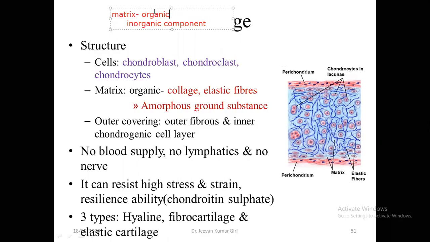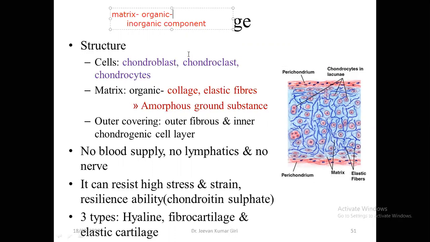The organic component you will find here is the collagen fiber and elastic fiber. In case of cartilage, you will find the type 2 collagen fiber. Just remember this thing. Okay, in bone there is type 1 collagen fiber. In cartilage generally you will find the type 2 collagen fiber.